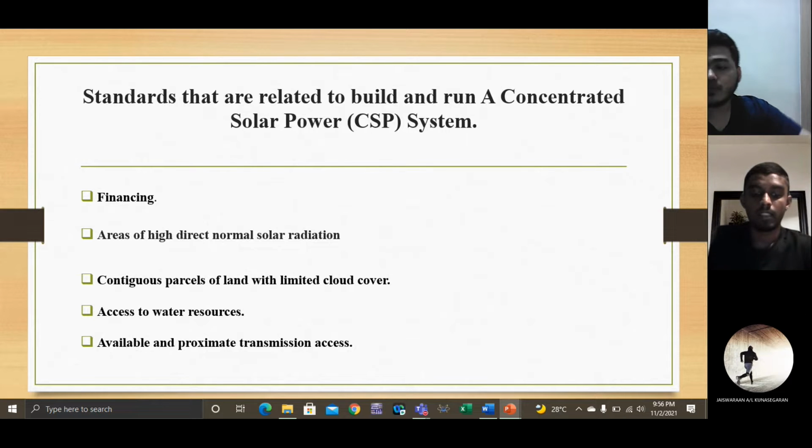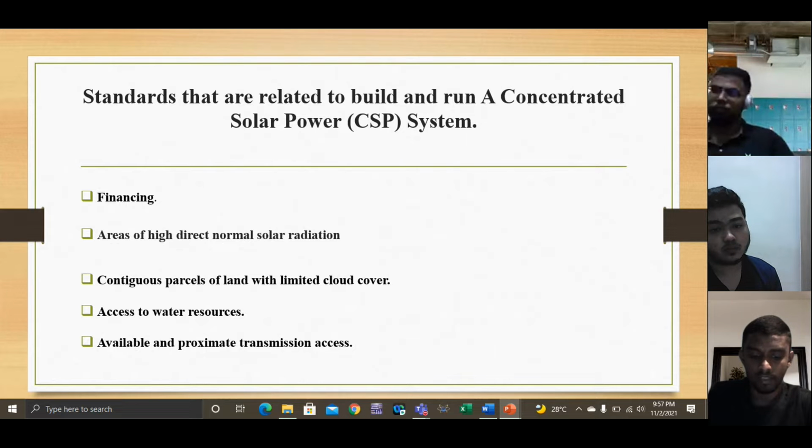Finally, there must be available and proximate transmission access. CSP plants must be sited on land suitable for power generation with adequate access to an increasingly stressed and outdated transmission grid. Access to high voltage transmission lines is key for development of utility scale solar power projects to move electricity from the solar power plant to end users.